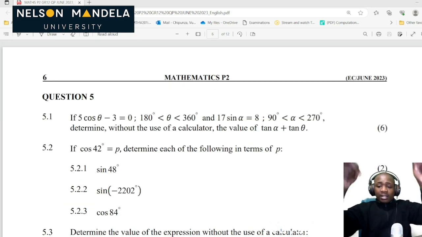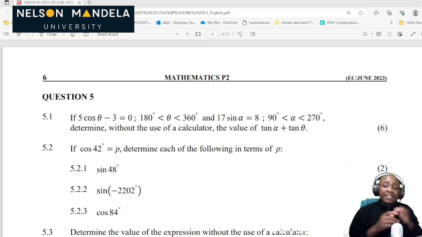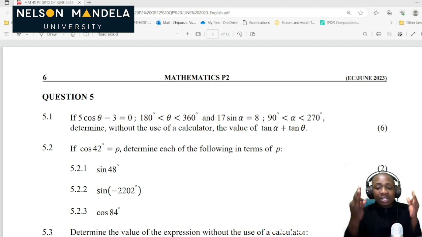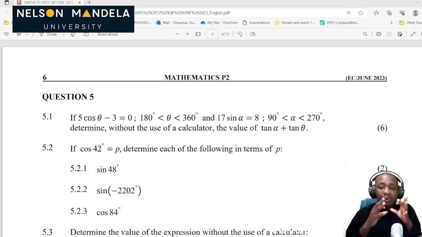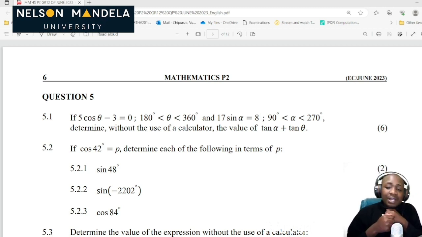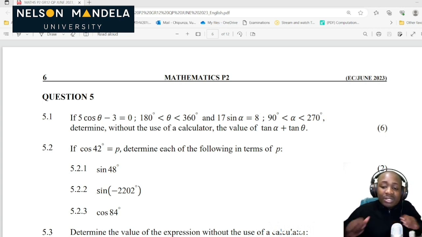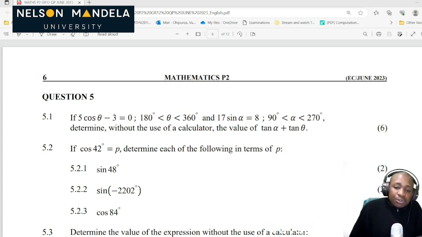Our trigonometry. So in trigonometry, guys, at this point you must be able to realize that what's important is to understand your reduction formulae, to understand in which quadrant which trig ratio is positive. So we have 3 trig ratios which we focus on when we are looking at pyramids. We have sine, we have cos, as well as tan. So those 3 are the so important trig ratios which we are supposed to always consider when we are looking at our pyramids.